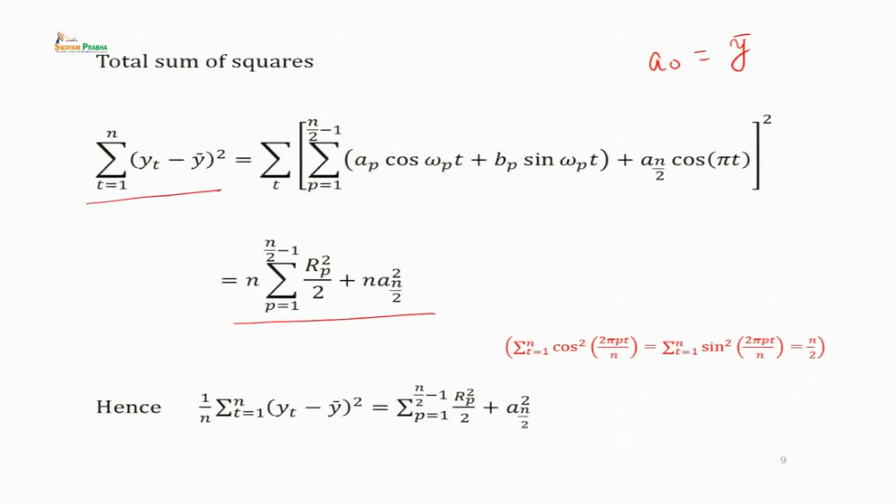Now, R_p square by 2 is the contribution of the pth harmonic in the variance of y_t. So, basically what this periodogram analysis does, it decomposes the total variance into the variance contributions of different harmonics.